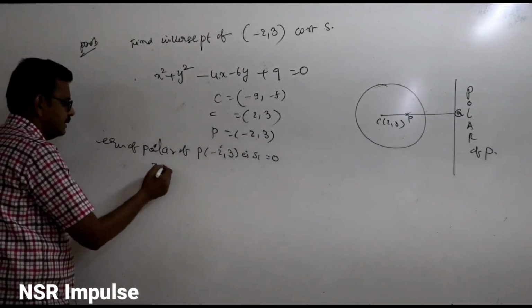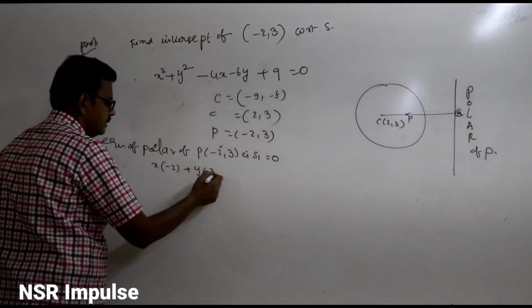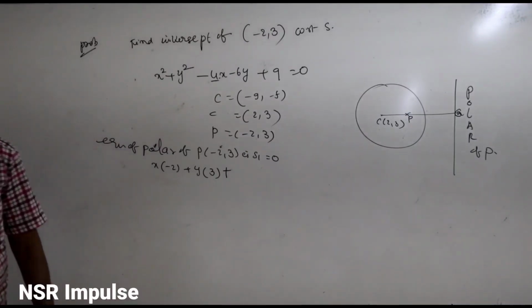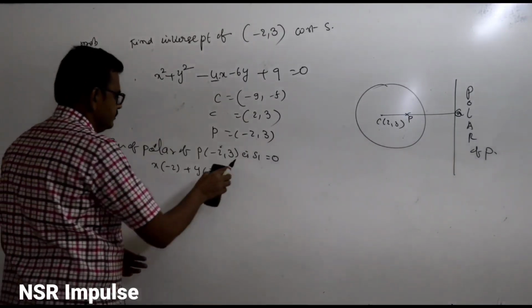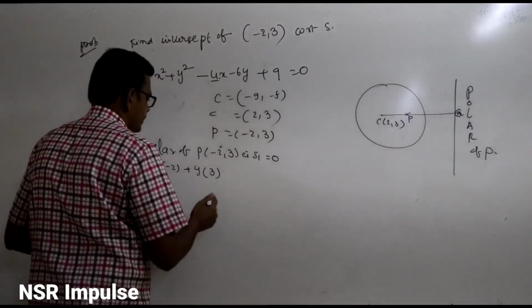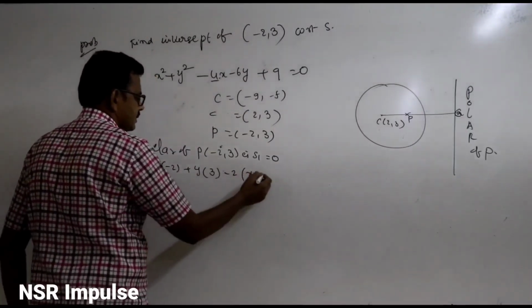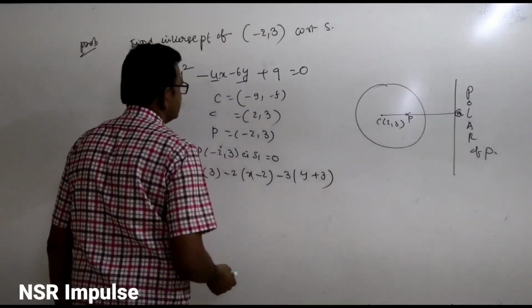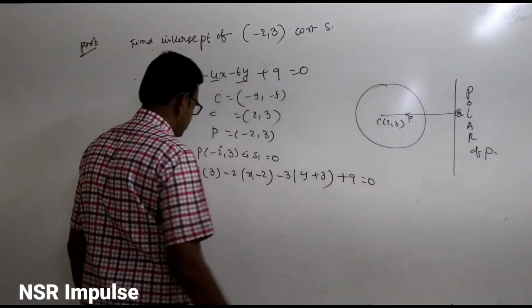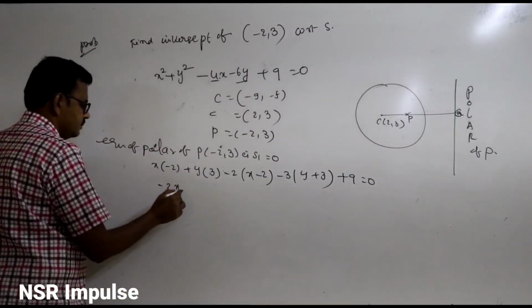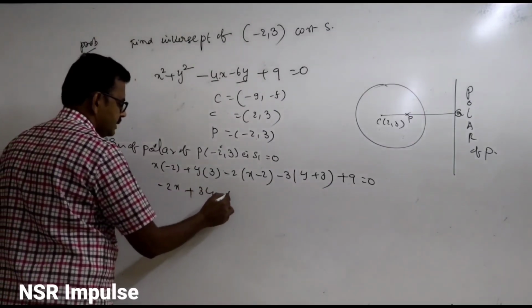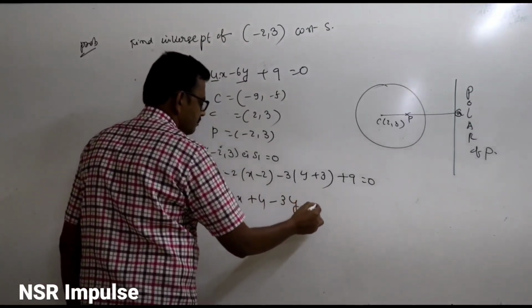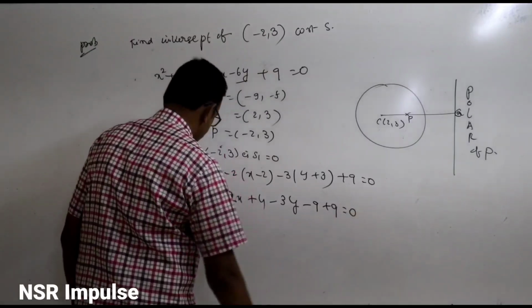Where S1 is x x1 plus y y1 plus g times x plus x1, plus f times y plus y1, plus c equal to 0. So this is minus 2x plus 3y minus 2x plus 4 minus 3y minus 9 plus 9 equal to 0.